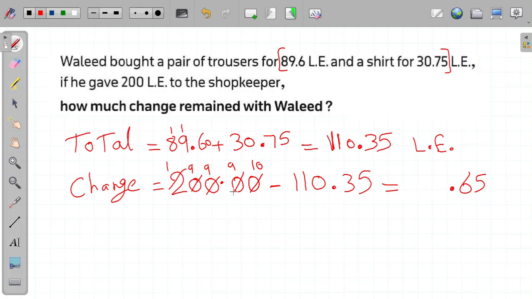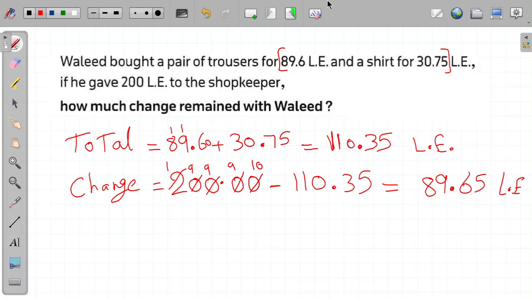Next I have 9 minus 0 equals 9. 9 minus 1 equals 8, and 1 minus 1 equals 0, so the change will be 89.65 pounds. So Walid will have 89 pounds and 65 hundredths.